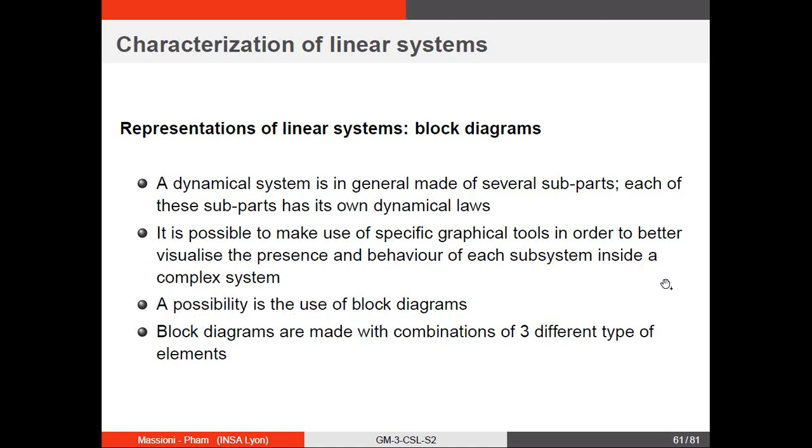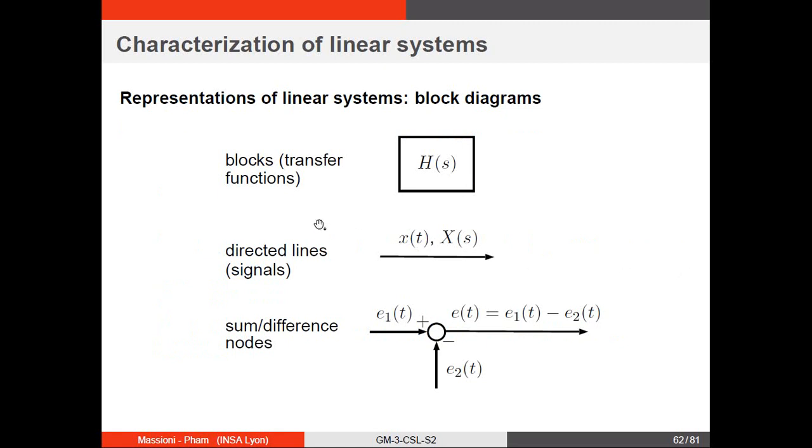Block diagrams basically are the combination of three kinds of elements. We have blocks, which represent transfer functions or differential equations, if you wish. We have lines with a direction, so basically arrows with an arrowhead. Do not forget the arrowhead, which represents signals.